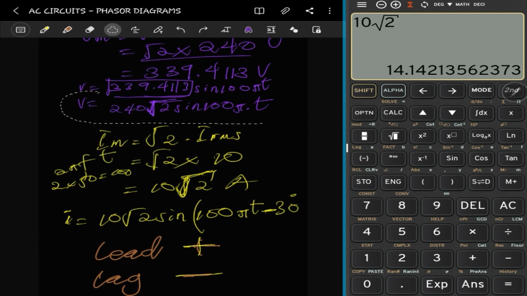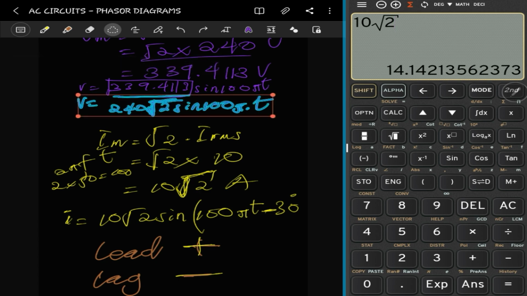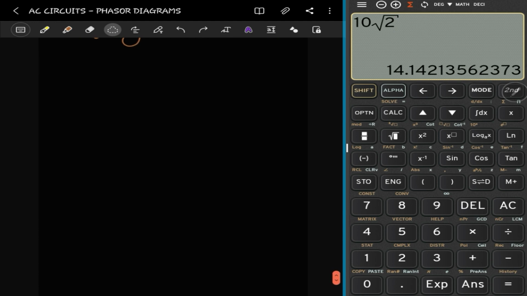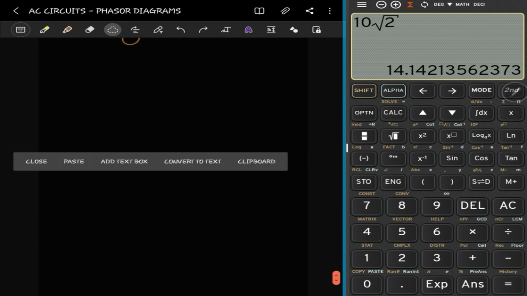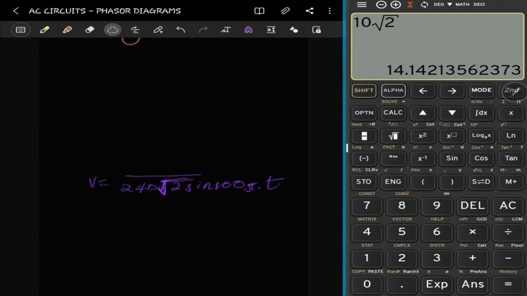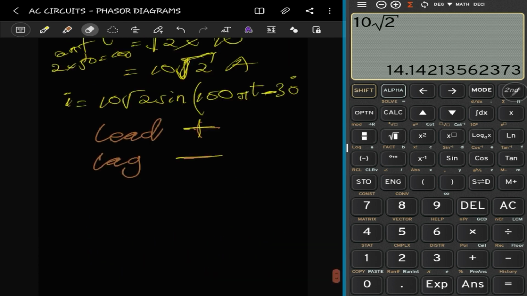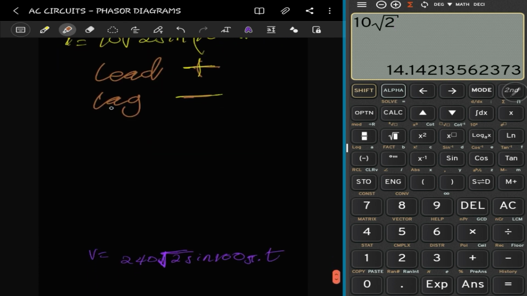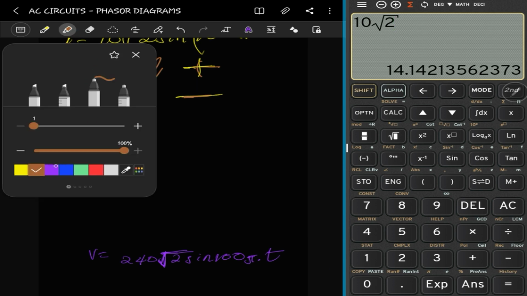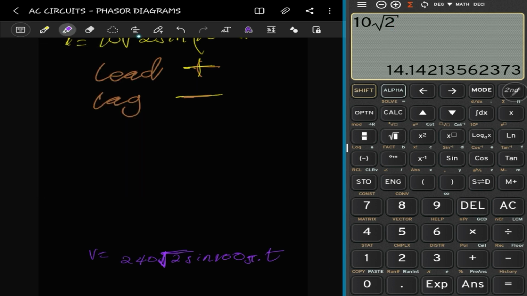So there's the voltage. Let me write this also so it's clear. One important thing is that when we are representing it, let the root be where it's supposed to be, else it can get confusing.